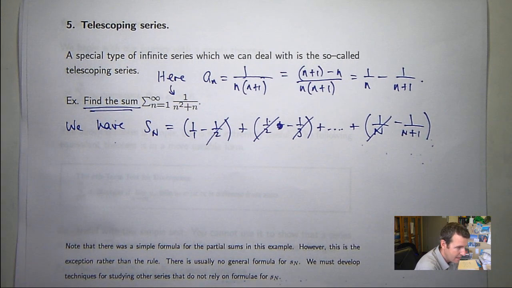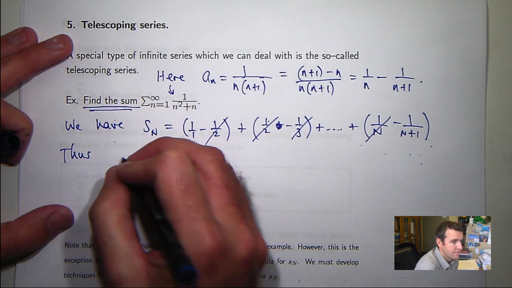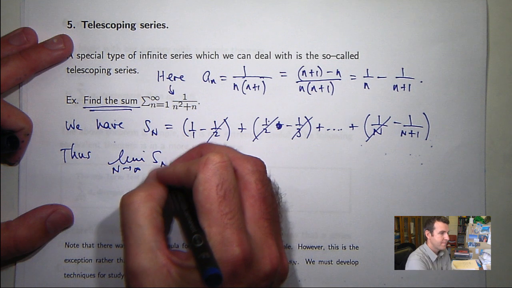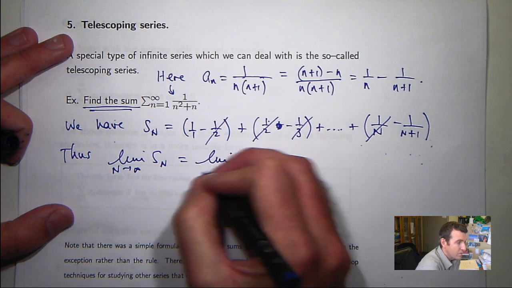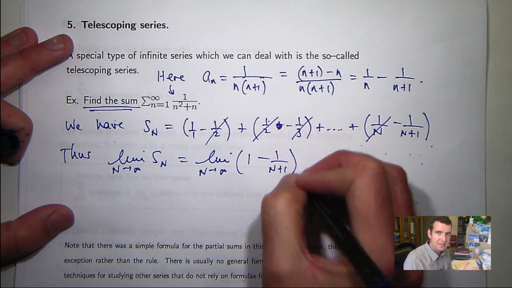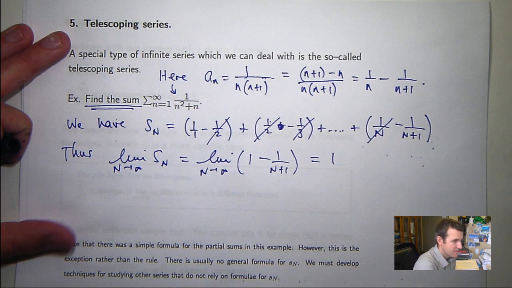I haven't written that down, but every term is actually going to cancel in this partial sum except the very first term, 1 on 1, and the very last term, minus 1 on big N plus 1. So this is one of the reasons why these series are called telescoping series, because you can compress them like a telescope down to really only two terms in this case.